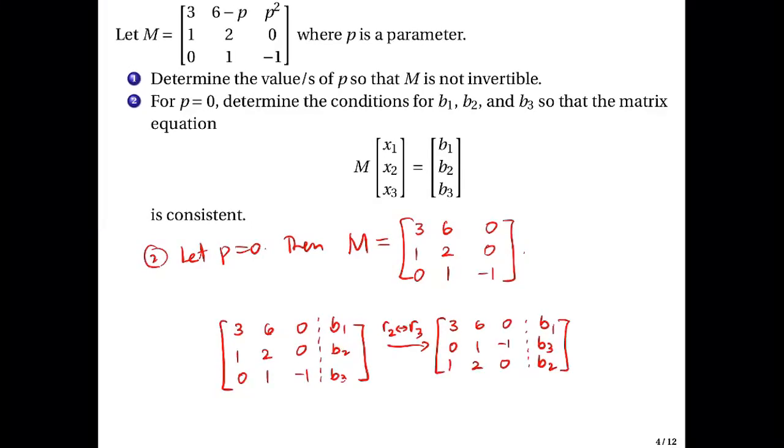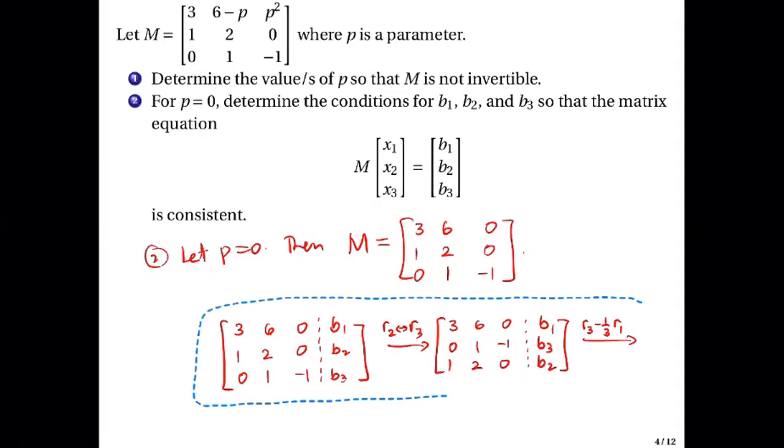And then from here, we'll do row 3 minus 1/3 row 1.